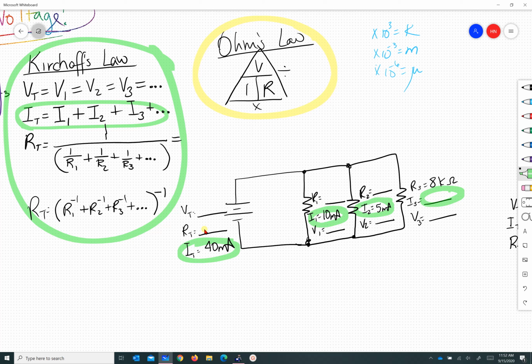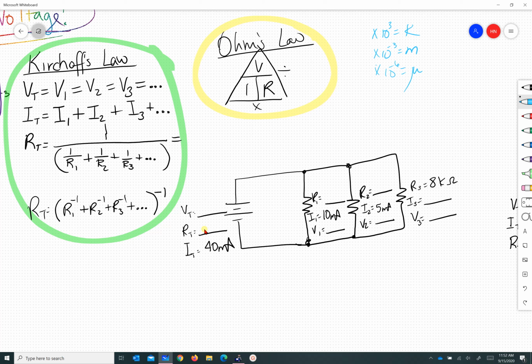So do you see how this one is a little bit different? What we're going to do for this one is use Kirchhoff's current law, knowing that they have to add up to 40 milliamps. I need to know what the blank one in the third place is. Okay, so here we go. Let's work on that one. So let's fill it in.